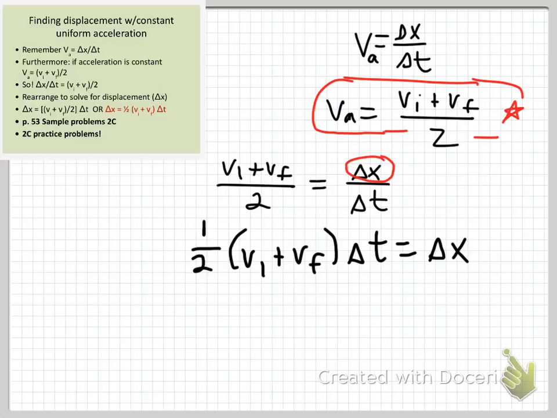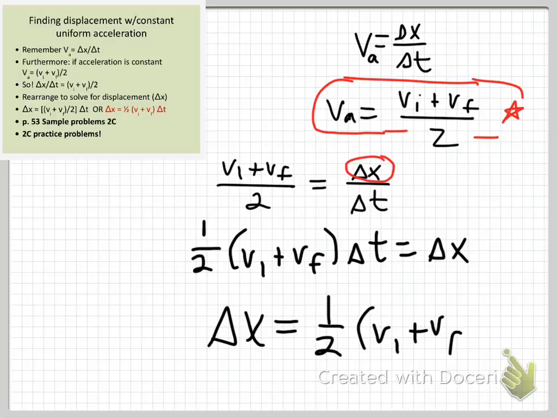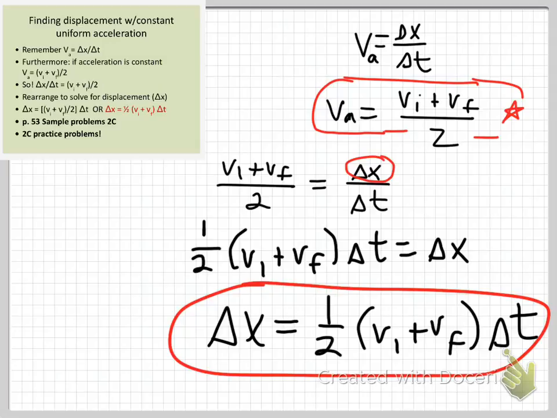And usually just as a matter of form, I write the thing solved for on this side. So on my note card, it looks like this, 1/2 (VI plus VF) delta t. And that is actually the first of your four golden equations right there. Delta x equals 1/2 (VI plus VF) delta t.